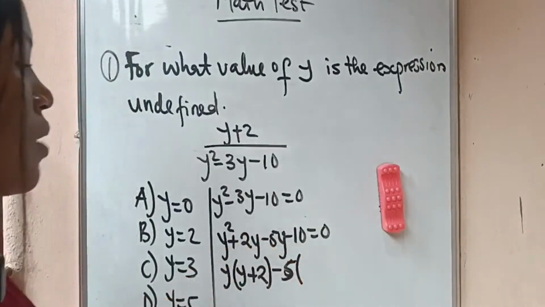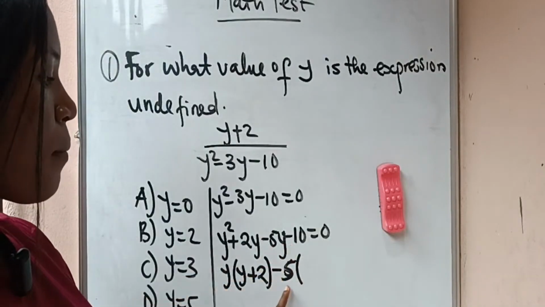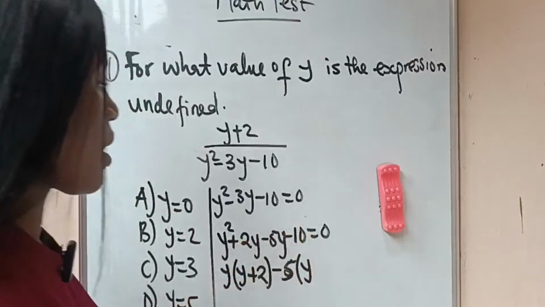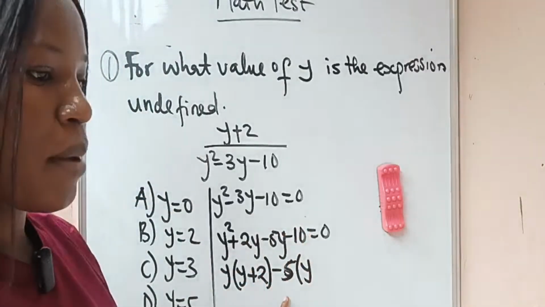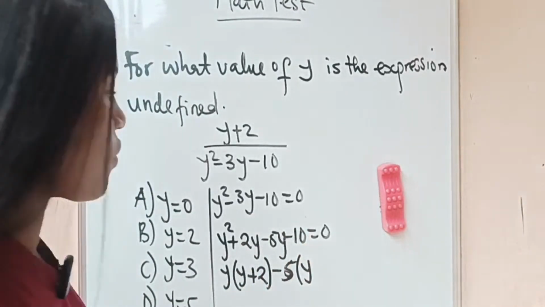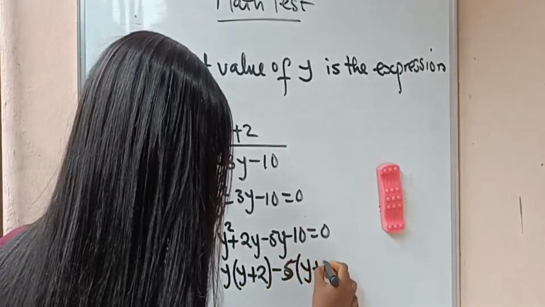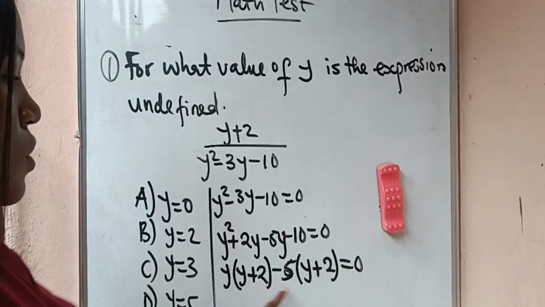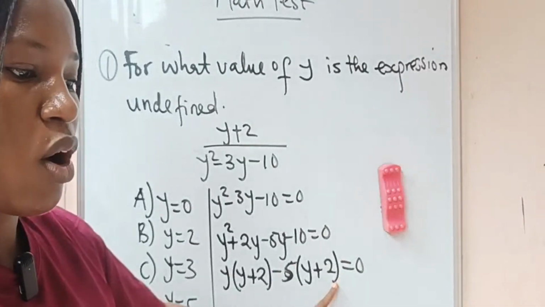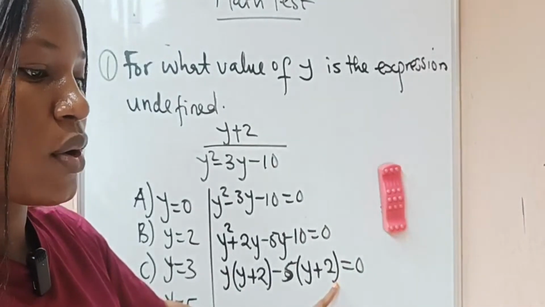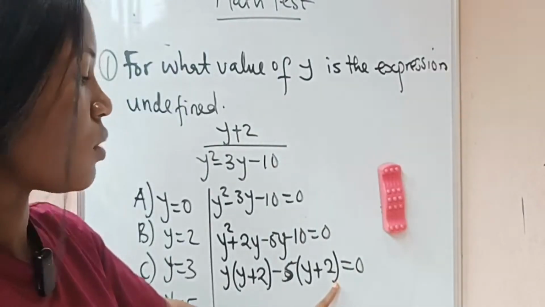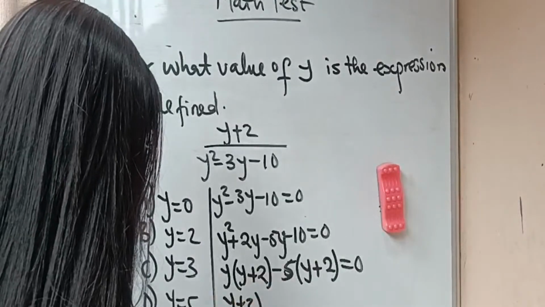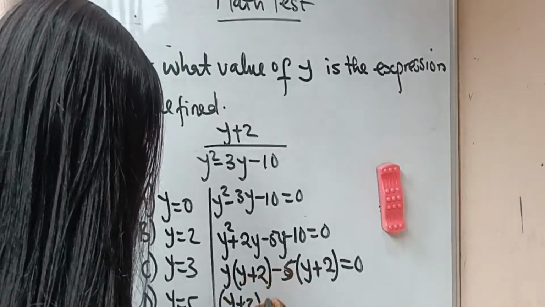Minus 5y divided by minus 5 gives y, then minus 10 divided by minus 5 gives plus 2, equal to 0. So here we can see y plus 2, y plus 2. That's another common factor, so we pick y plus 2 and multiply it by y minus 5, the other one.